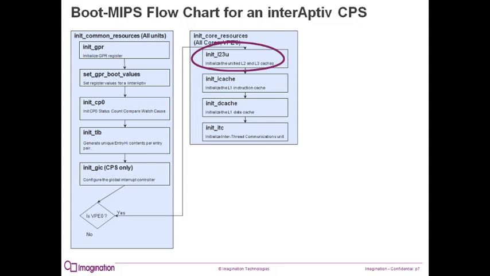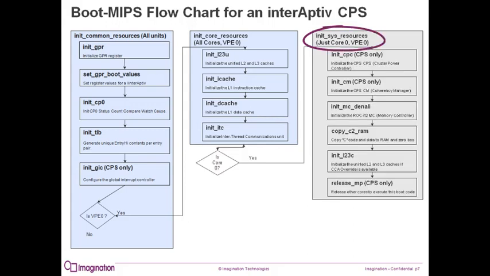The later releases of the 1004K and all interAptiv cores can disable the L2 caches and will skip this step until the L1 caches have been initialized and the code can be run out of cache. This will make execution much faster. This section then initializes L1 caches and the inter-thread communications unit.